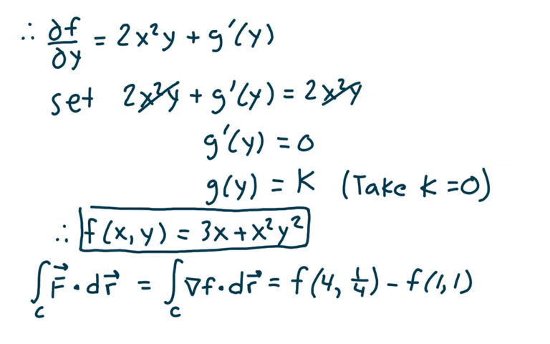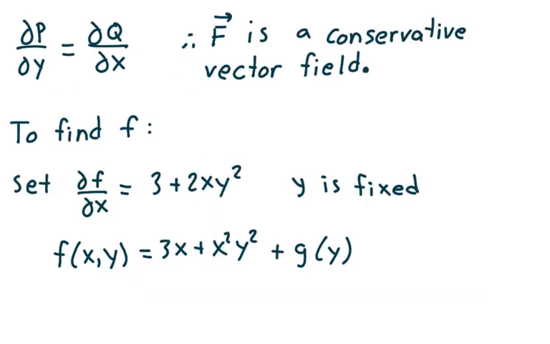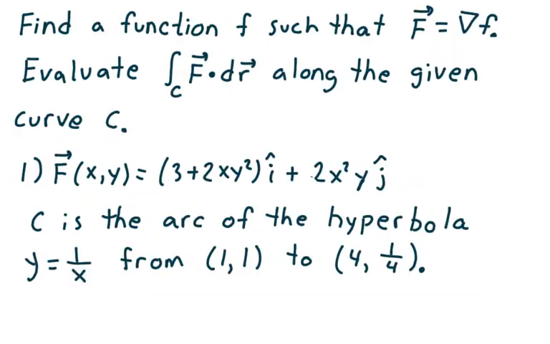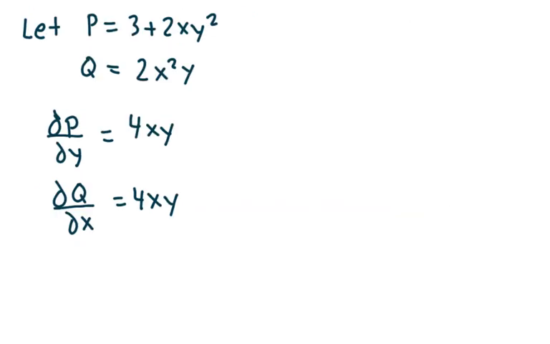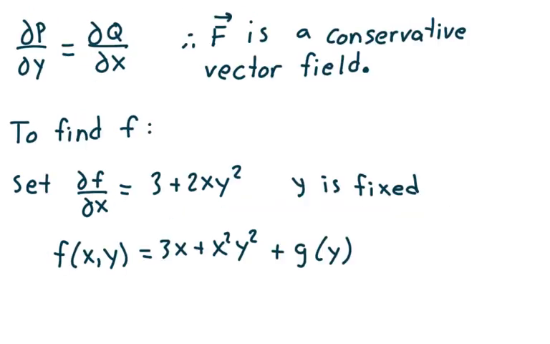And so we're going to set 2x squared y plus g prime of y equal to 2x squared y. And if we go back, remember 2x squared y is the second component of this vector field. And we're setting it equal to 2x squared y so we can get a handle on g of y.